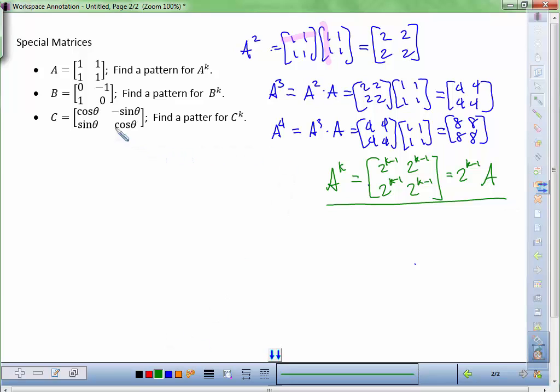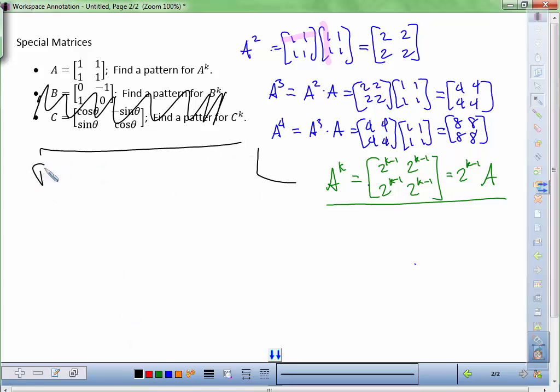So let's actually prove this. We're going to do B and C on another page, so let me just cross this out for right now. And let's talk about proving A to the k is equal to 2 to the k minus 1 A by induction.